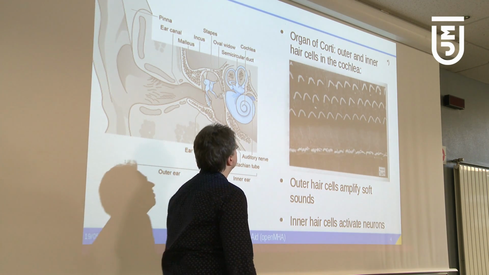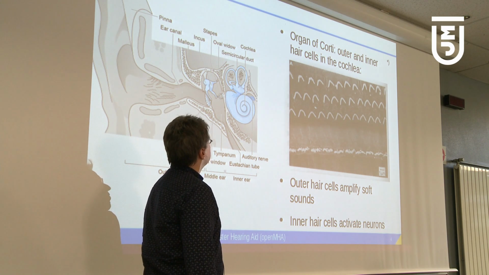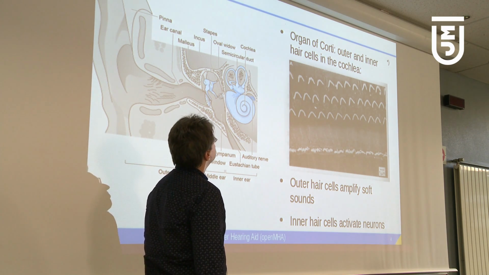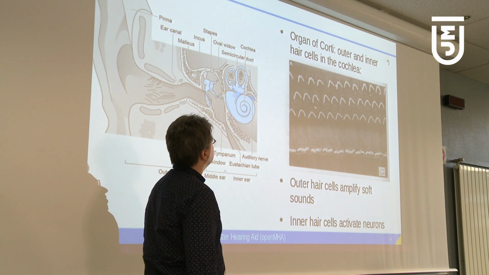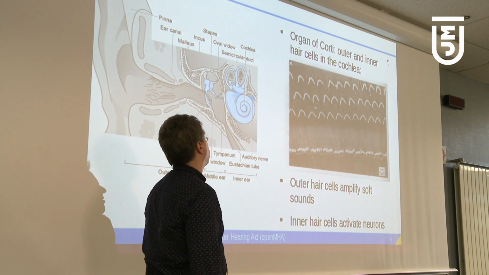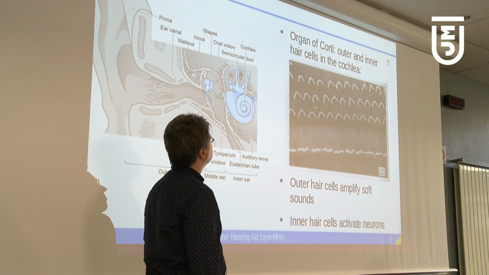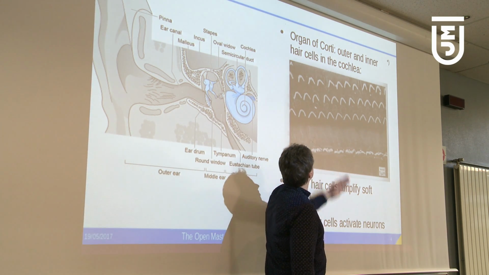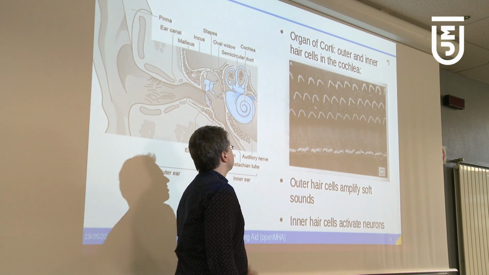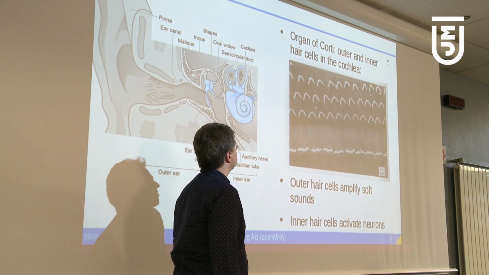And this is what happens in the inner ear. So here's a picture of the hair cells on the basilar membrane. This is a picture of, it's also called, the organ of Corti. What you see here, these white things, these are bundles of hair cells, approximately 20 hair cells per bundle.